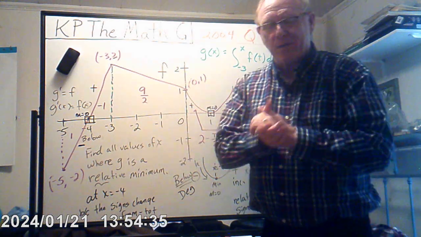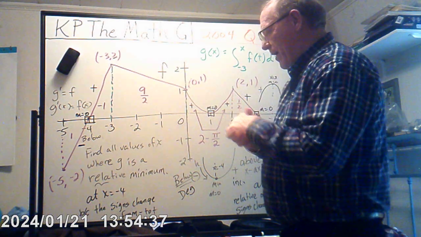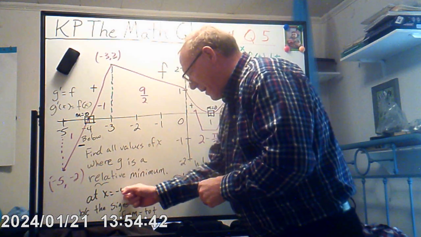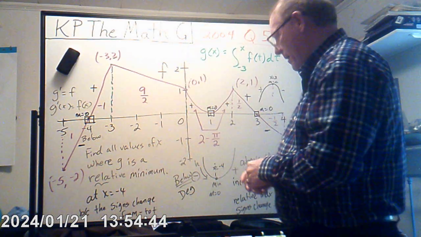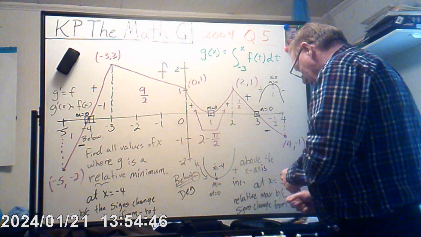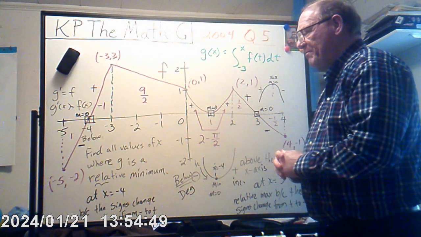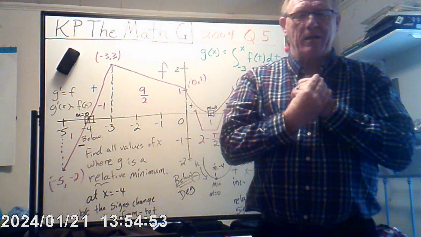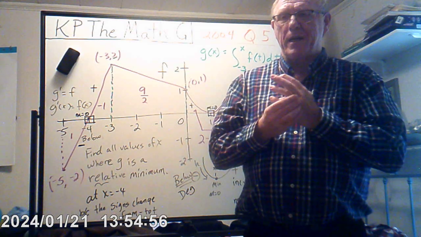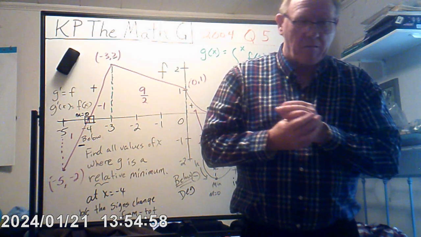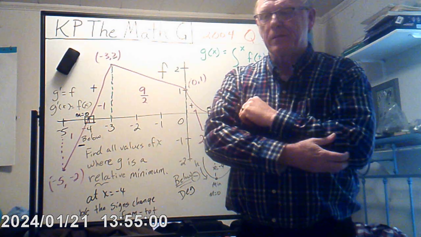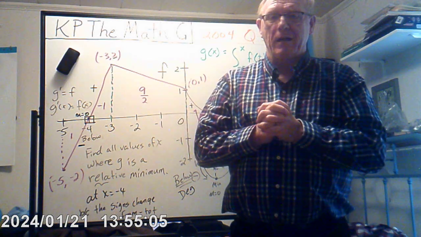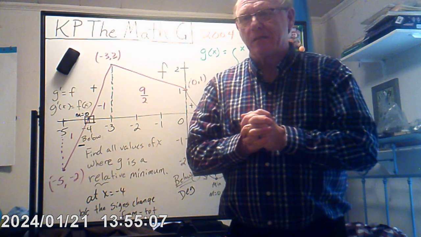That's pretty straightforward and simple, isn't it? Then we found all values of x where G is a relative minimum, and then where it's a relative maximum. In our next video, we're going to look at probably an absolute minimum or maybe an absolute maximum. We'll do one or the other. I'll show you how to do that in the next video.